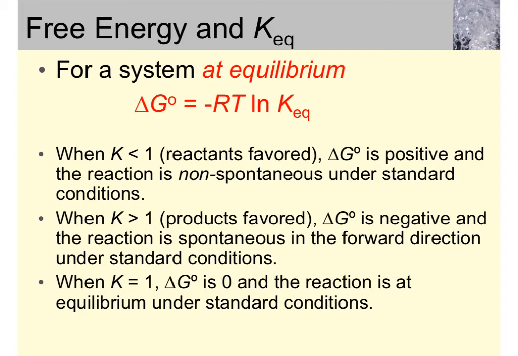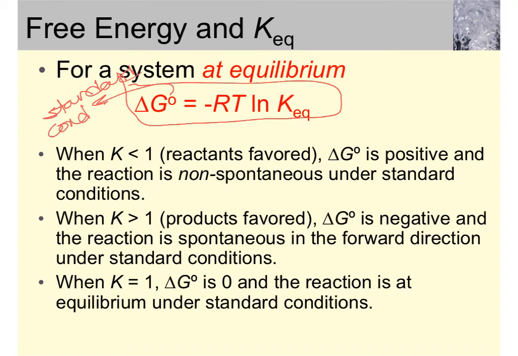With that in mind, the relationship, and I'm not going to derive it for you, but I'm sure the derivation is in your textbook or you can find it easily if you are curious. The formula relationship between free energy and equilibrium constant is here. A reminder that this little degree sign, pronounced naught, means standard conditions.